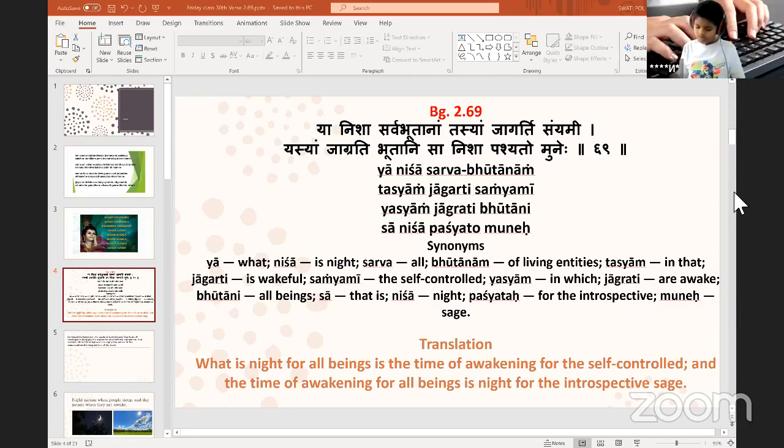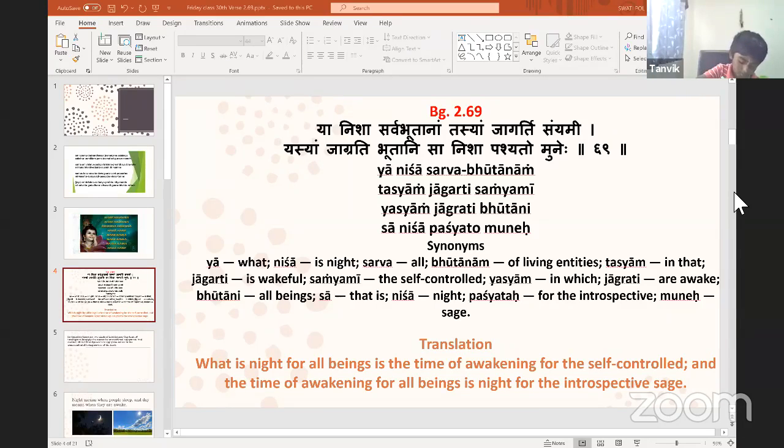Sayami. Tanvik, I don't hear you. Yanisha Sarvabhutanam. Yanisha, Sarvabhutanam. Tasyam Jagrati Samyami. Tasyam Jagrati, Sayami. Yanisha Sarvabhutanam. Yanisha, Sarvabhutanam.